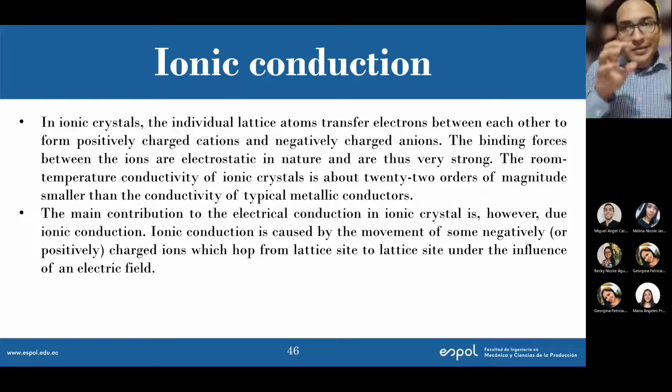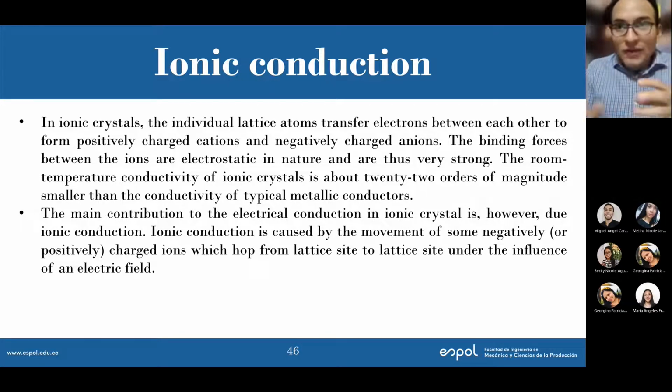So basically, in simple terms, ionic conduction is like electron conduction. Electrons are moving in semiconductors and in metals. Well, in ionic crystals, ions are moving. Obviously they're not so mobile.